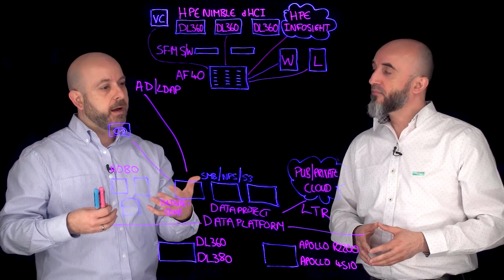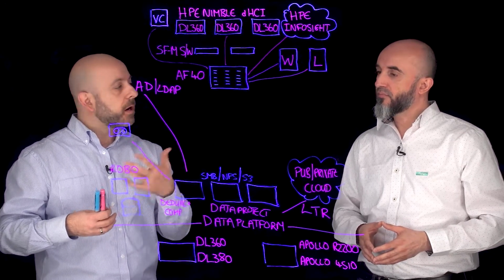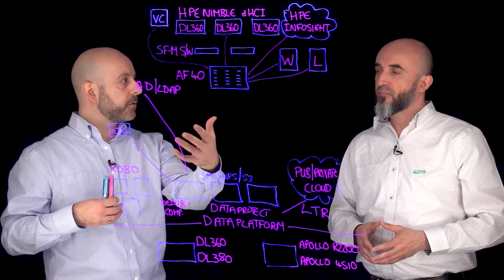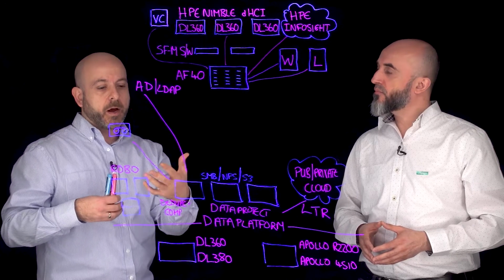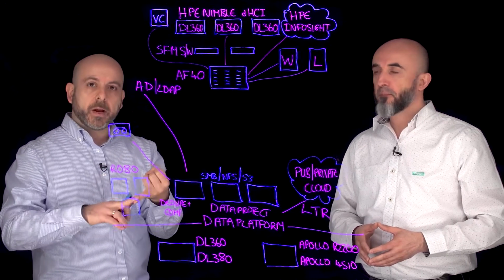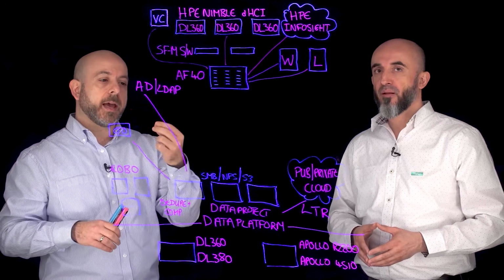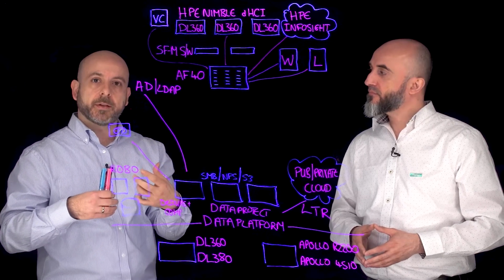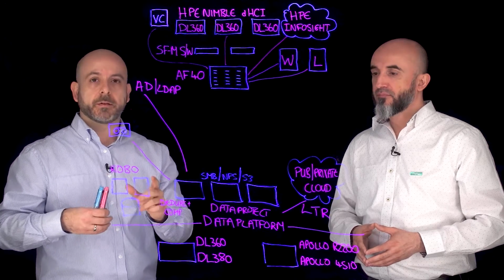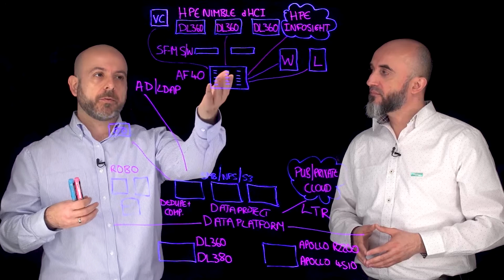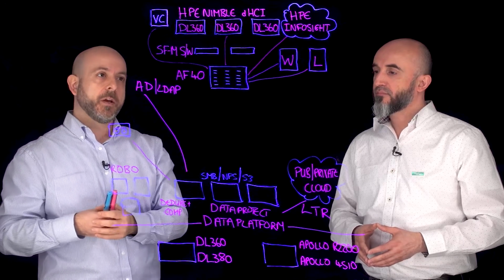So we do have a data archiving capability where we can look inside shares and migrate that data and leave symlinks behind. When a user goes to access that data, they double-click the symlink. It might take another second or so, but ultimately it's going to recall that data from the Cohesity data platform.